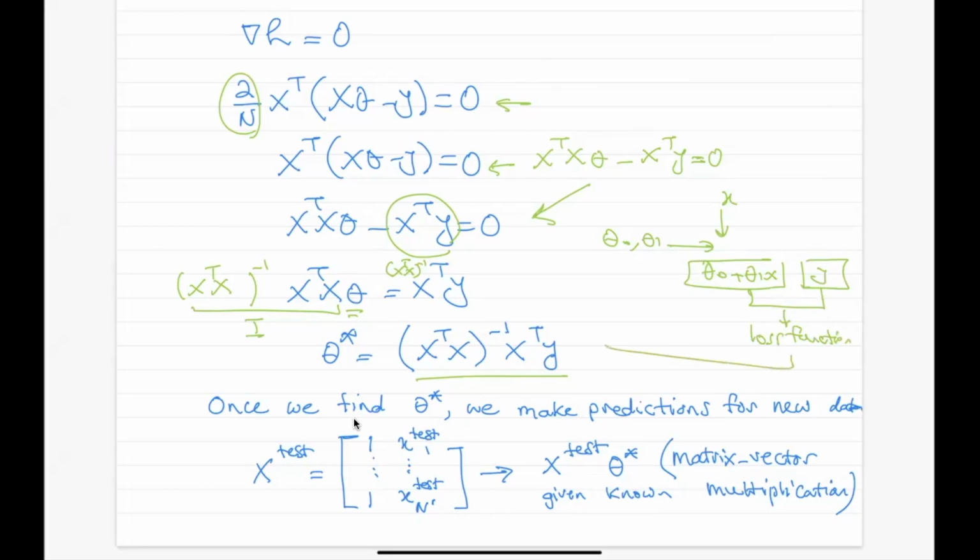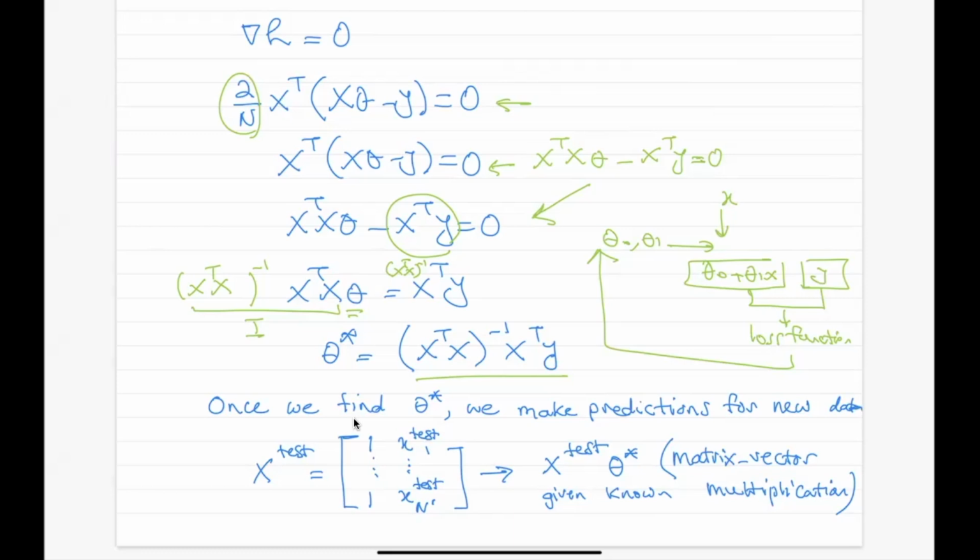And then we have to find the optimal values of theta 0 and theta 1. In this case, we have a nice closed form solution since this is a very simple linear model. You will see later on that this is usually not the case, and we have to use gradient descent.